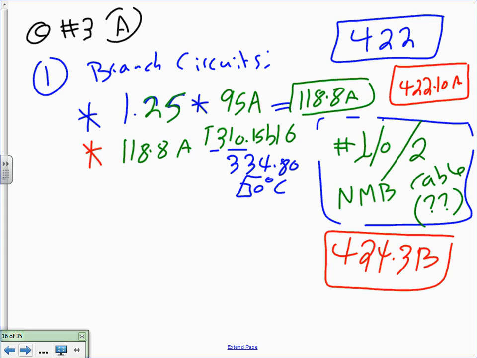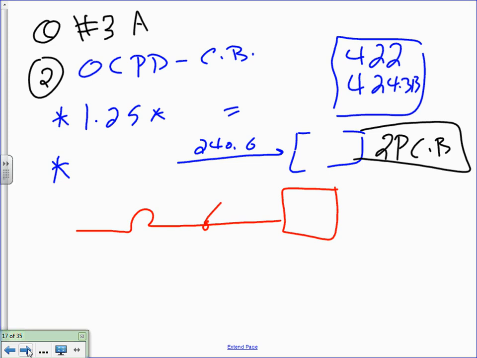So that 1.25, is it non-continuous or continuous? Go to 2. Same thing. From 424.3(B), I size this one because it's a heating element, guys. A furnace, I typically use 424.3(B).